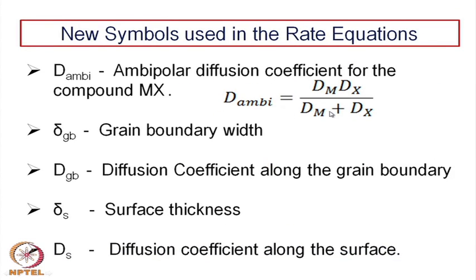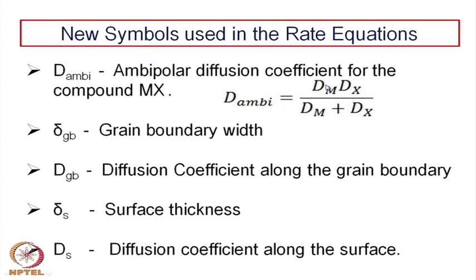This is which we have already told you, these are the different parameters, but this is the diffusion coefficient for the compound itself, because it is the compound which is diffusing or moving. But when you talk about diffusion coefficient, the compound as such is not moving, it is moving either through a vacancy of this or a vacancy of that, one of them will be predominant. So, the diffusion coefficient of the compound is something like this.